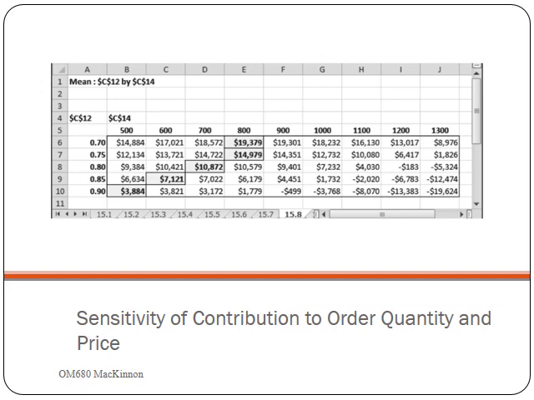Okay, if we want to vary two parameters at once and see the results, this should look fairly familiar. This is basically a two-way sensitivity table. All right, very much like the two-way tables in Solver sensitivity that we used several chapters ago. Okay, but this is the sensitivity of the contribution to order quantity and price.